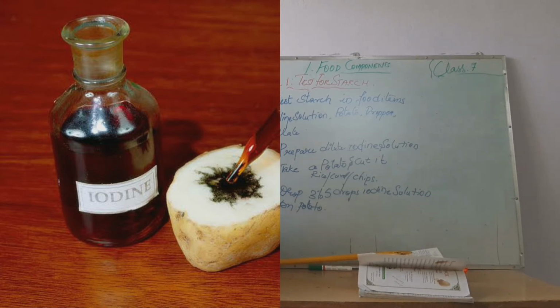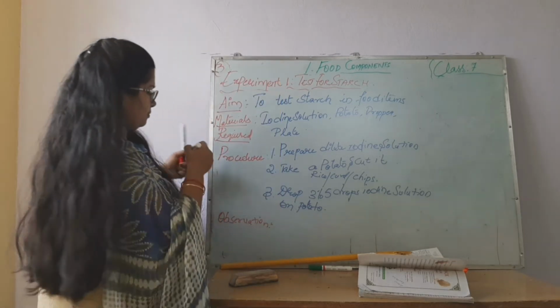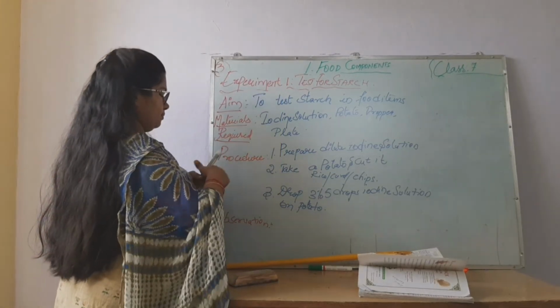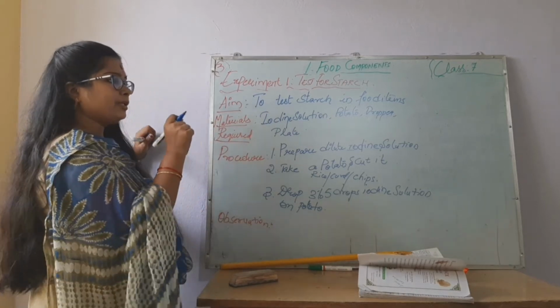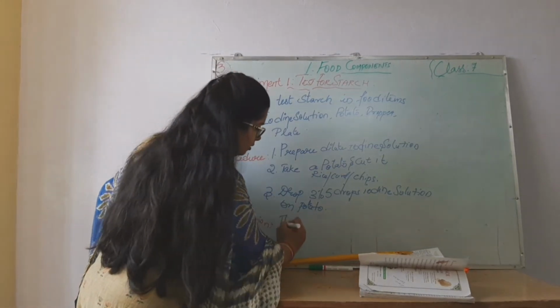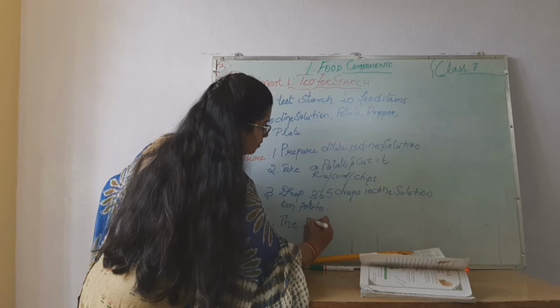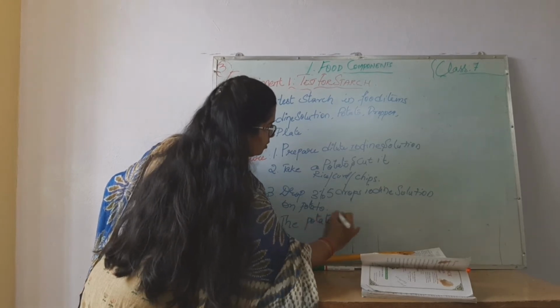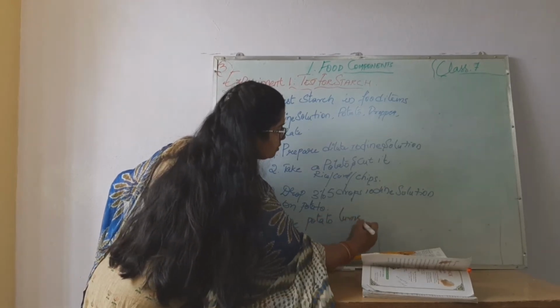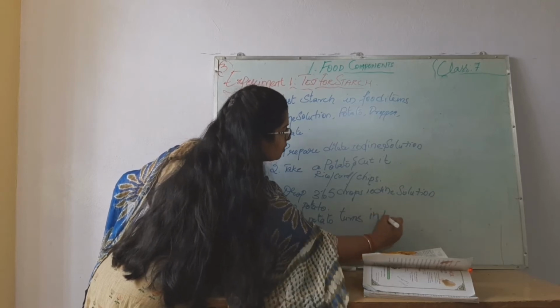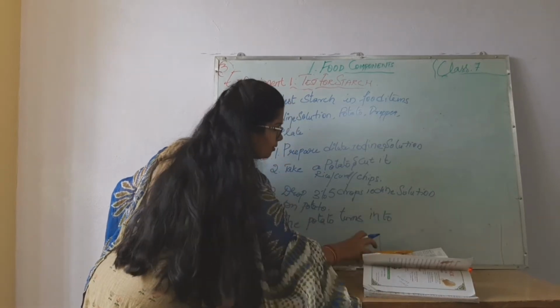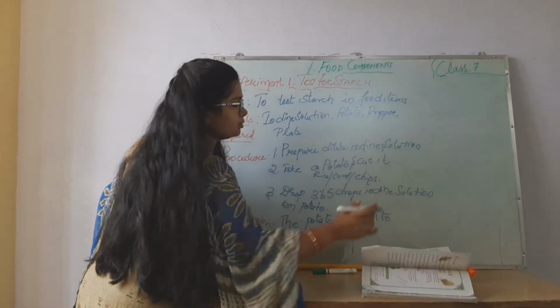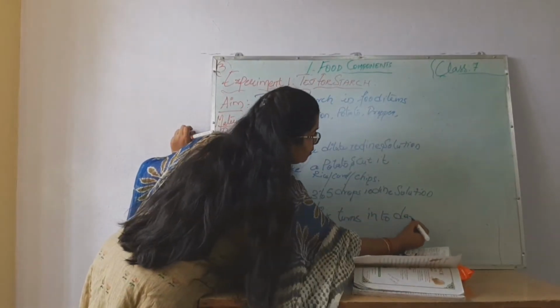So, what is our observation? The place where you have dropped the iodine solution, the potato turns dark blue or black.